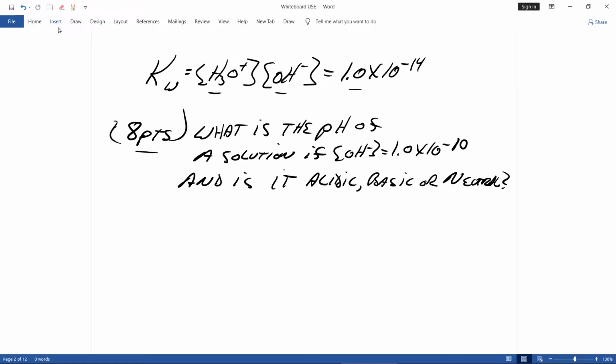All right, let's go through the following. What is the pH of a solution if the hydroxide, OH minus, concentration is 1.0 times 10 to the minus 10? And is it acidic, basic, or neutral? Good question. What are we being asked to find? pH. What are we given?